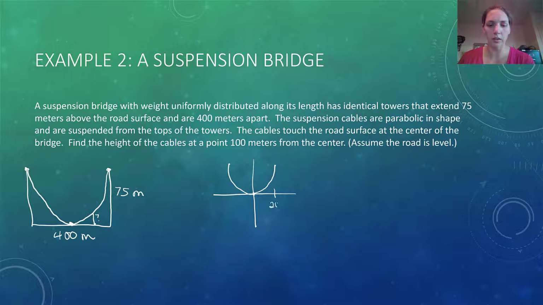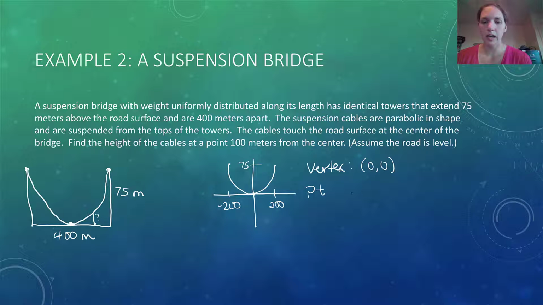This is going to be 200. It's going to be negative 200 because that's the half width. This is going to be 75. And now I have the vertex and another point. The vertex is 0, 0, and the other point is 200, 75.